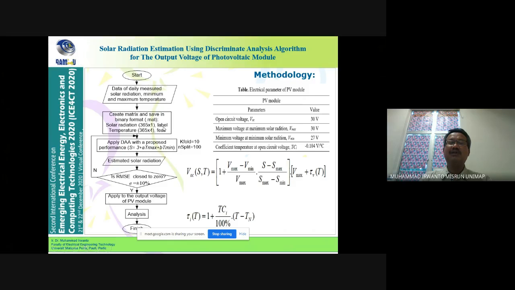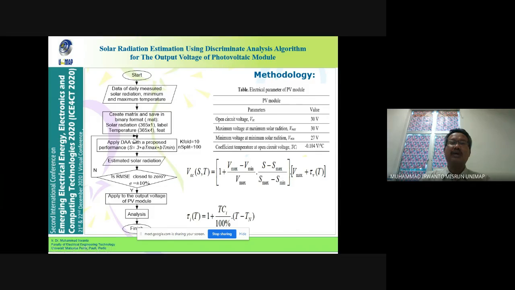The matrices named label and feat are saved in binary format with the extension .mat. After obtaining this, the data can be called, the matrices label and feat, and then the discriminate analysis algorithm can be applied for estimating solar radiation.